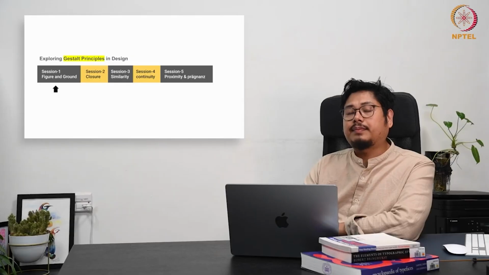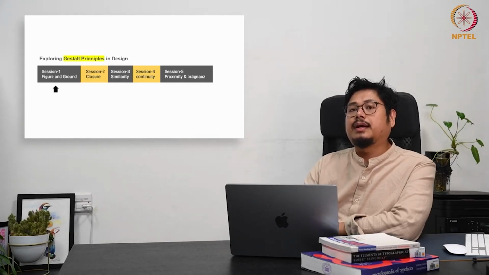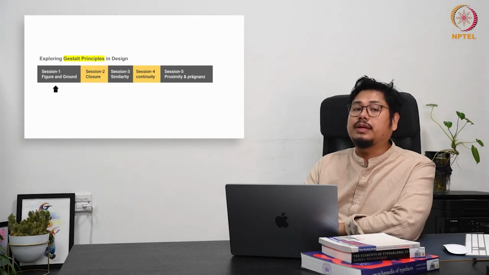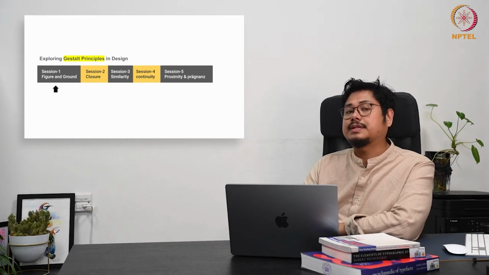And apart from that, pragnanz, we'll try to understand how our brain effectively ignores the details of multiple elements if they are associated to each other, and it tries to perceive them as a unified whole, irrespective of whatever elements are associated to it. Your brain will try to create a whole, meaning as a whole.